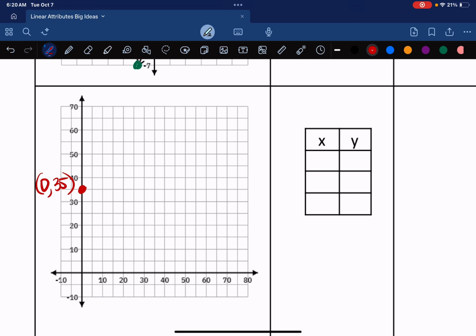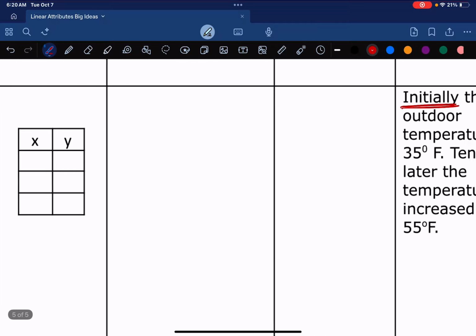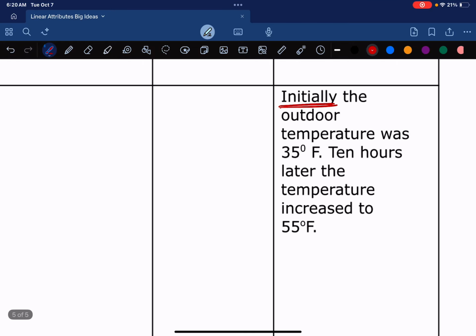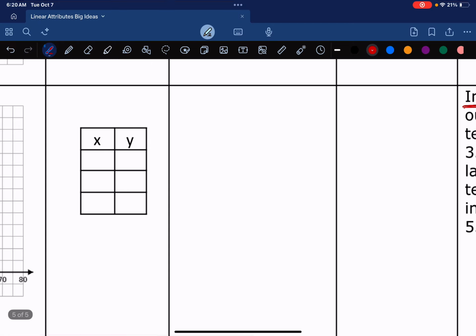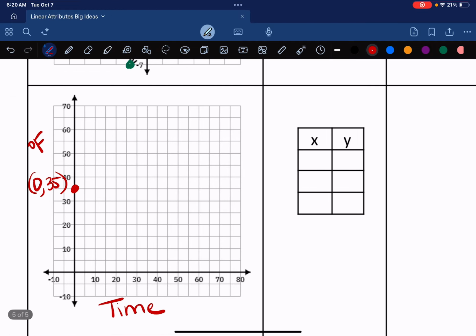We should probably label our axes too. So this is time. And our y-axis is degrees Fahrenheit. Okay, and then it says 10 hours later, the temperature increased to 55 degrees Fahrenheit. So on our x-axis, I'm going to go ahead and put hours down here too, so we know how much time has passed. It's not just minutes or maybe even days.